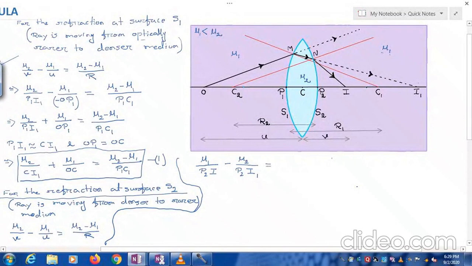This is equal to, now here the second medium is having the refractive index mu1 and the first medium is having the refractive index mu2. So mu1 minus mu2 divided by, here the radius of curvature is P2C2, but it is at the left side or against the incident ray, so we will write it as minus P2C2.